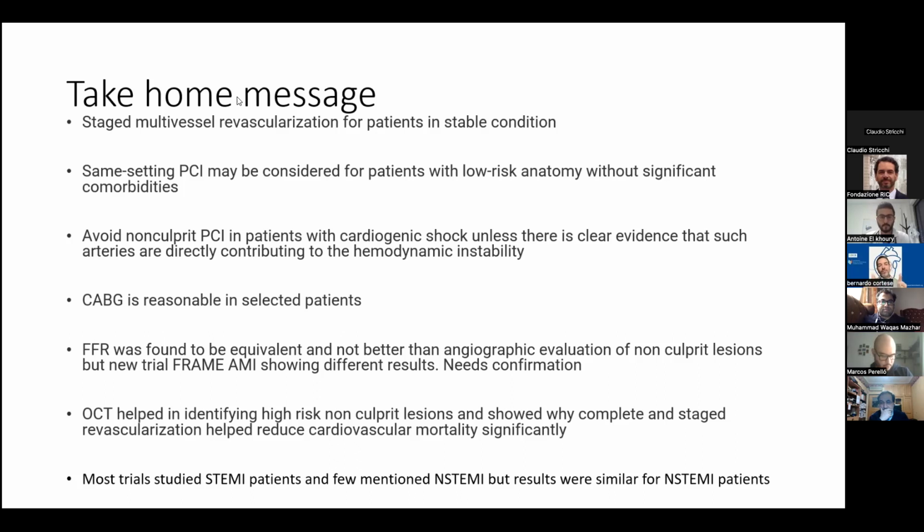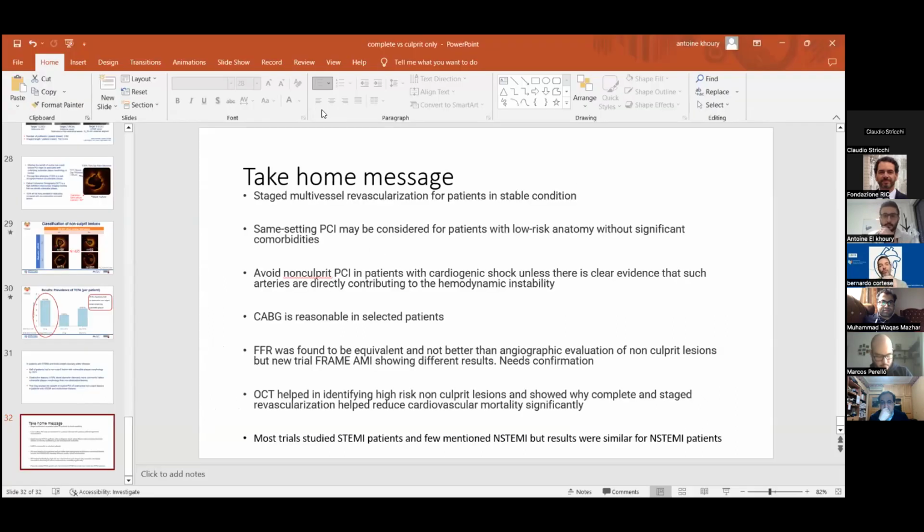So in these cases we go with a gentle balloon inflation with a 1.0 or a 1.5 balloon, just to see what we see, and then we decide whether to do imaging or not. But it's difficult to say and to create rules about this. It's also according to your experience and to your preferences.